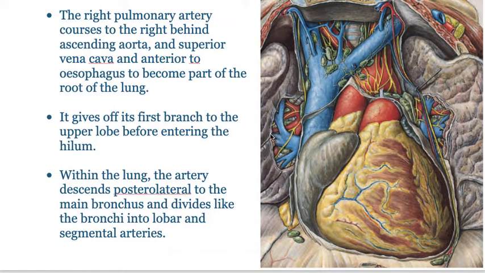It gives off its first branch to the upper lobe before entering the hilum. Within the lung, the artery descends posterolateral to the main bronchus and divides like the bronchi into lobar and segmental arteries.